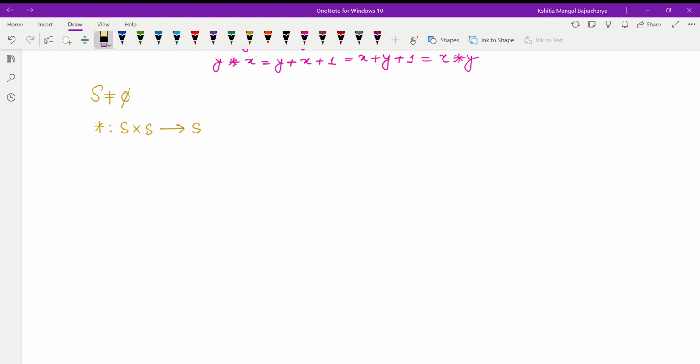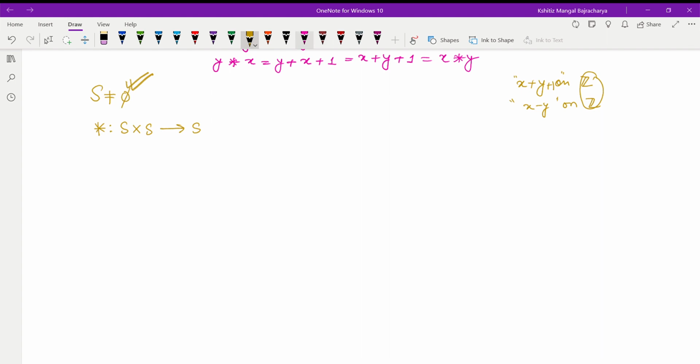Obviously not, because we have already considered two different operations, x star y equals x plus y plus 1 on Z and x minus y on Z. We've already encountered two different binary operations on the same set. So the binary operation defined on a non-empty set is obviously not unique.